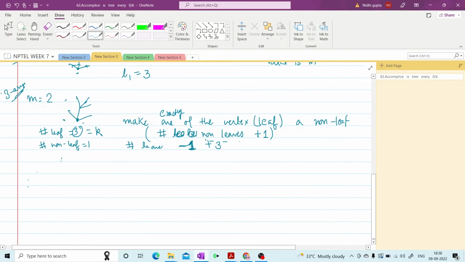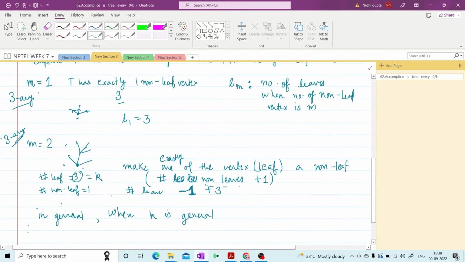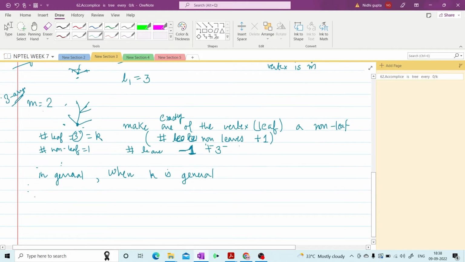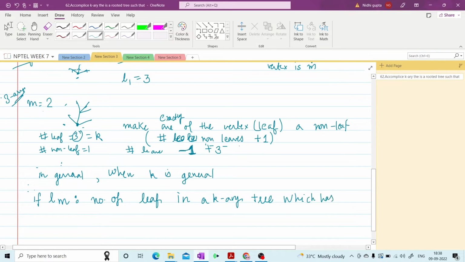So in general, that is when k is general, if Lm denotes the number of leaves in a k-array tree which has m non-leaf vertices, then from our previous reasoning, what is Lm?